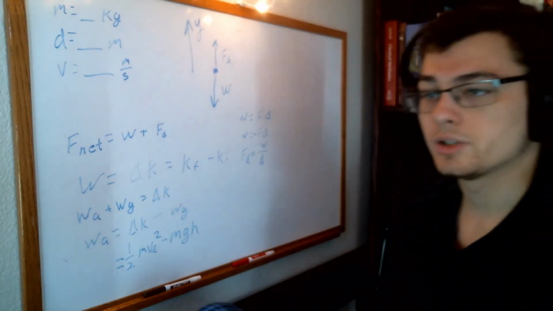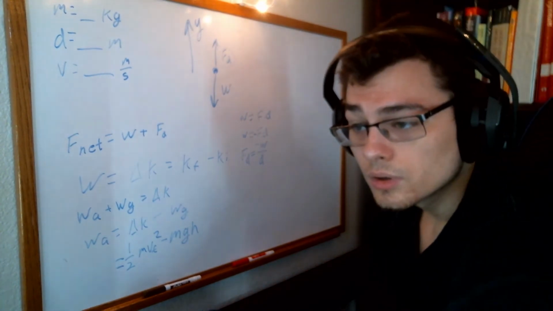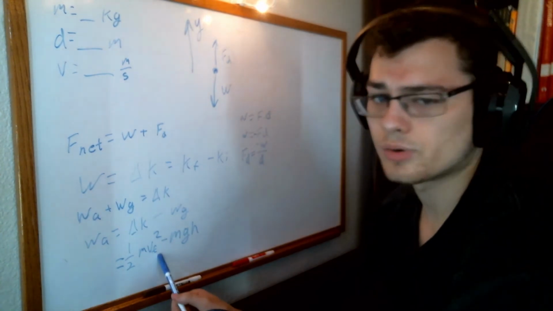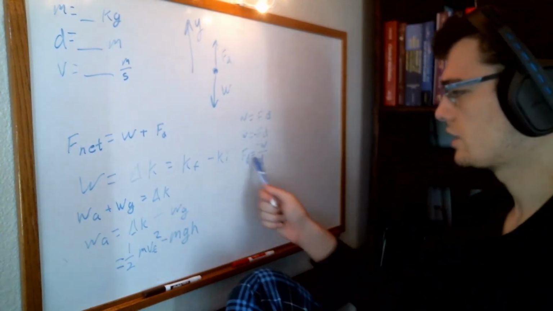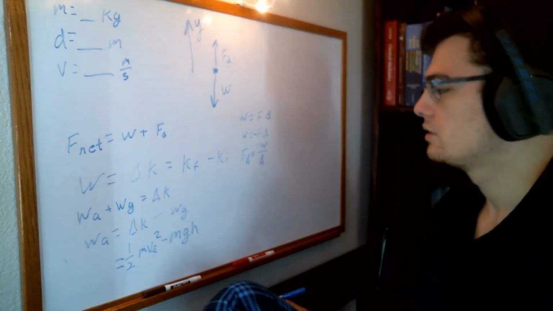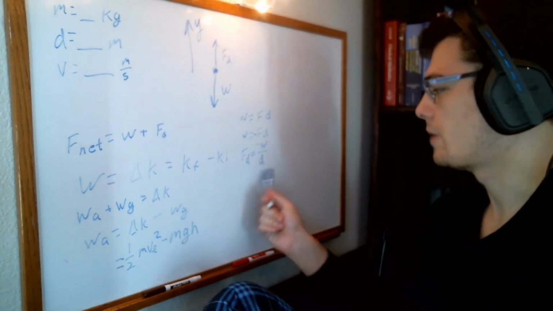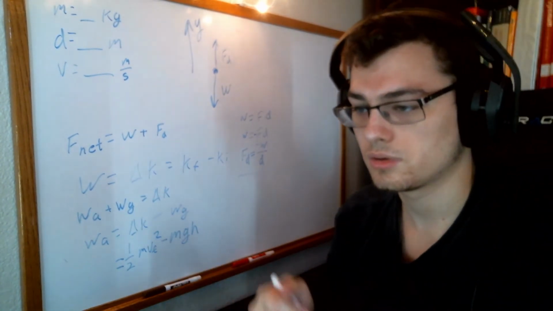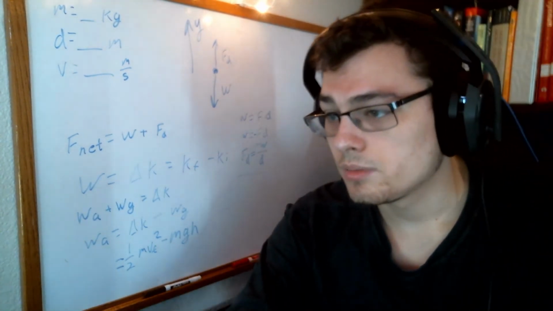As we found before, this value here is going to be negative, so the negatives are going to cancel out here, and this is going to be a positive number. So we've then solved this problem.